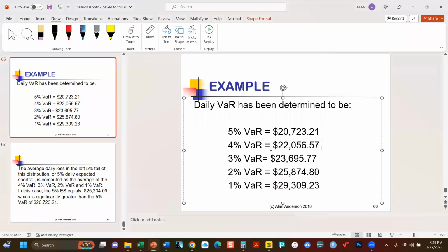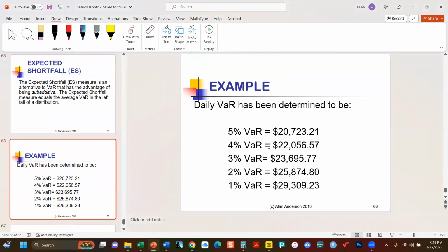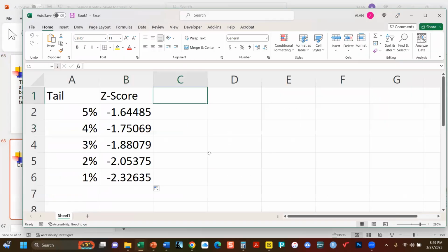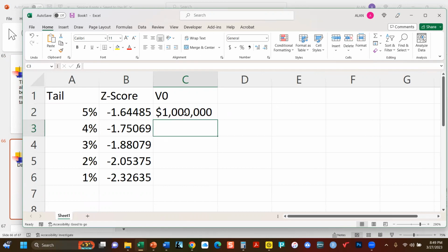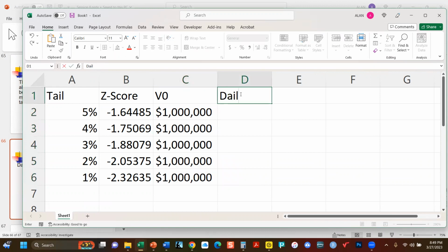And if you assume, although it doesn't say, all right, let's make up some numbers. Suppose that the value of the portfolio is $1 million. Okay, so let's just keep that. Let's say the volatility on a daily basis is, 1% is fine.